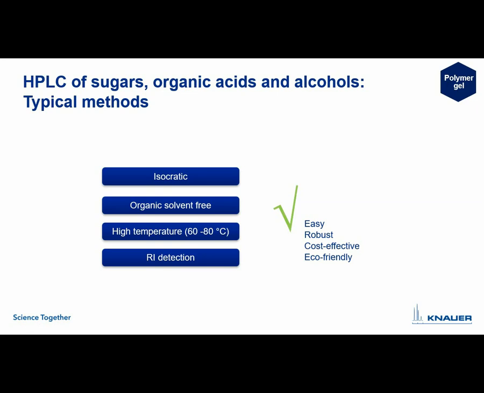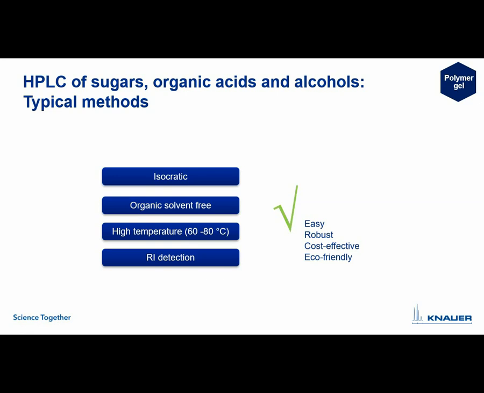It is not stable at high pressures. You can imagine a polymer gel is something really soft. If you fill it inside your column, you have a completely filled column. And if you now get a lot of pressure on it, you will compress your polymer gel because it is so soft, and even if you take the pressure off, it won't get back to the normal state anymore.